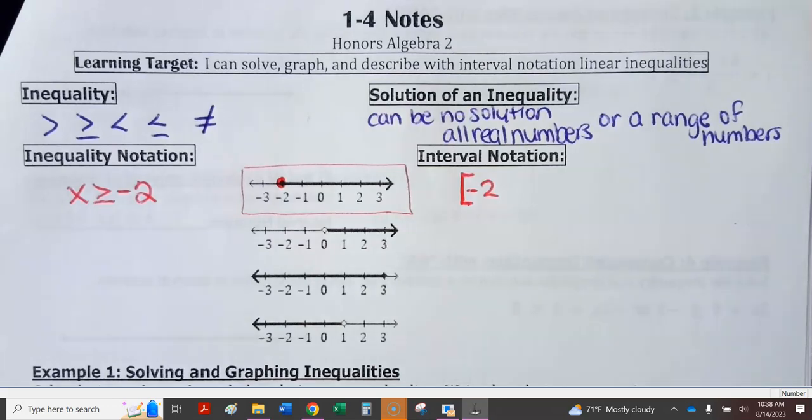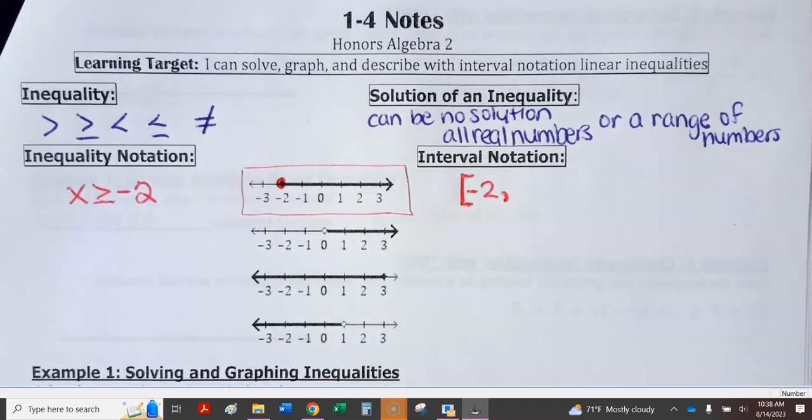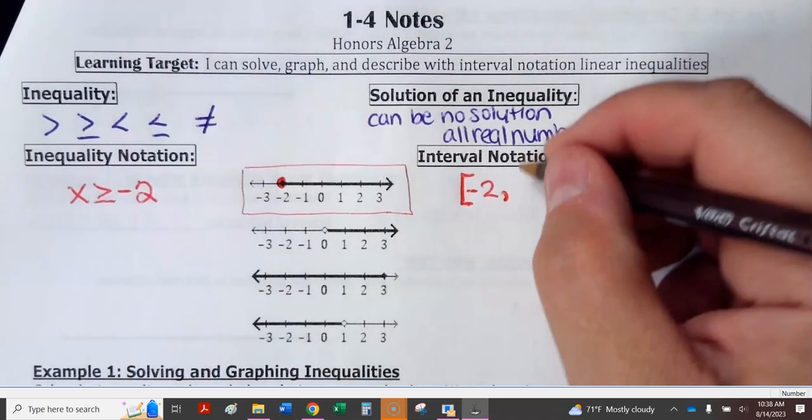And then you're just going to put a comma. And this is a little bit trickier part. The other part of the interval notation is the biggest possible value that you could have. So since that points to the right forever, does anybody know what I would put next to the -2? Infinite, yeah. You're just going to put an infinity symbol. Exactly.